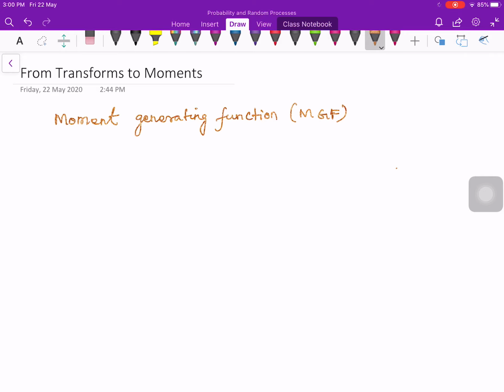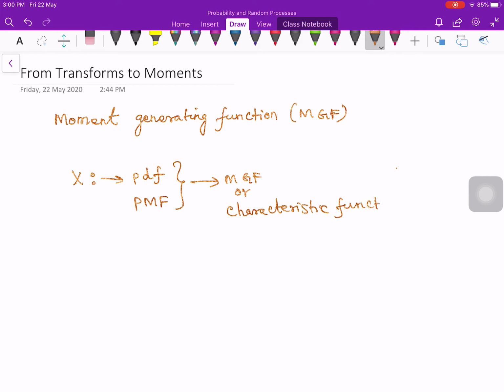Okay, so you have a random variable. For this random variable, you define its probability density function if it is continuous, or you may have probability mass function if it is a discrete random variable. From this, you find the moment generating function. Sometimes people also call it the characteristic function of a random variable.